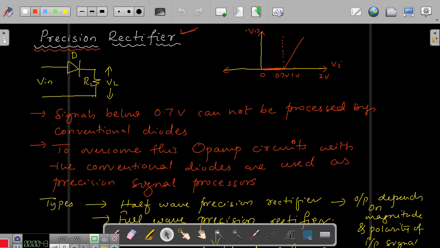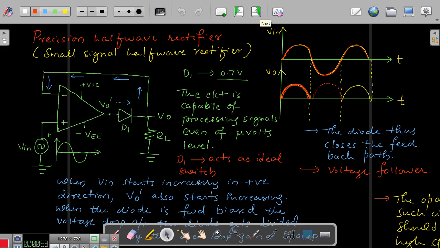In such cases, we make use of operational amplifiers along with a diode, and we have already seen how to realize the operation of a precision half wave rectifier with the help of this analysis.